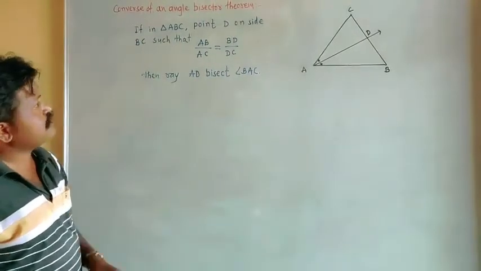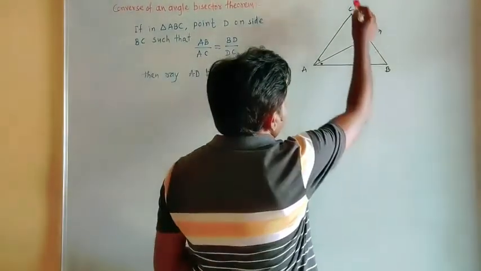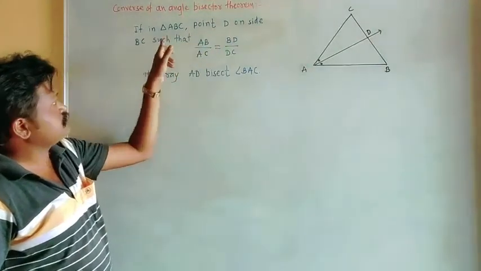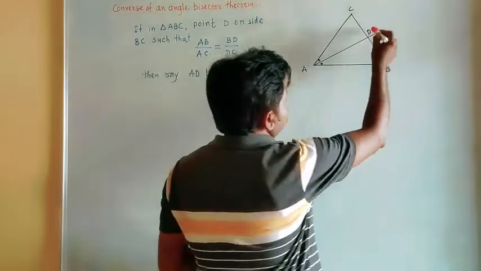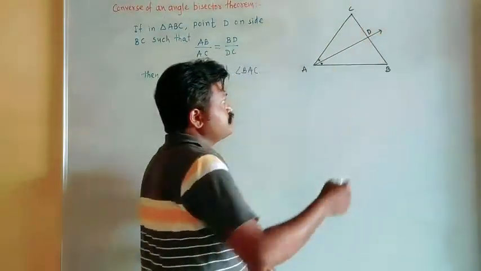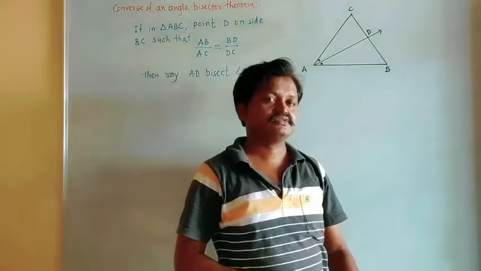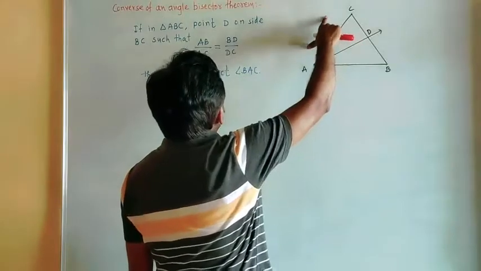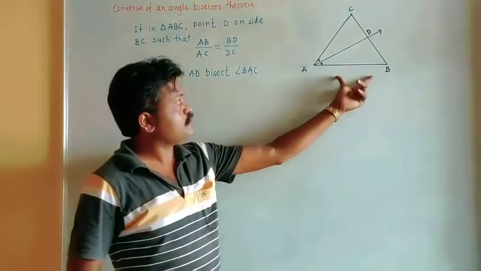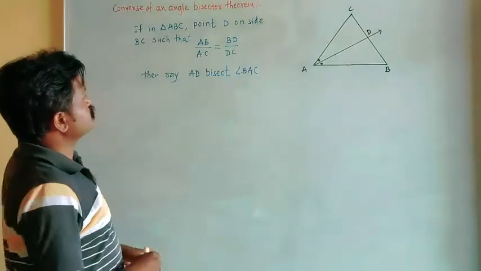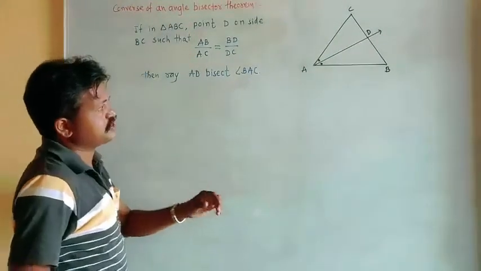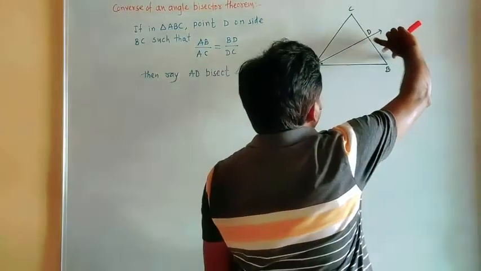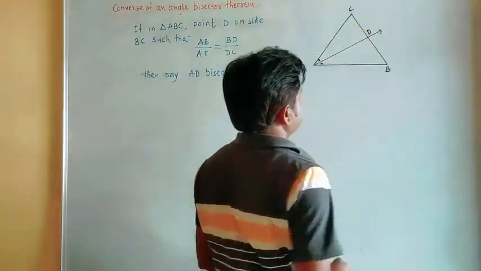If in triangle ABC, point D is on side BC such that AB upon AC is equal to BD upon CD, or DC.